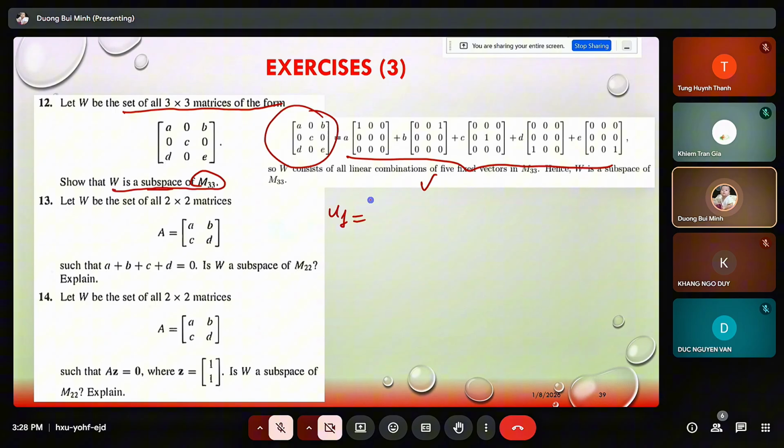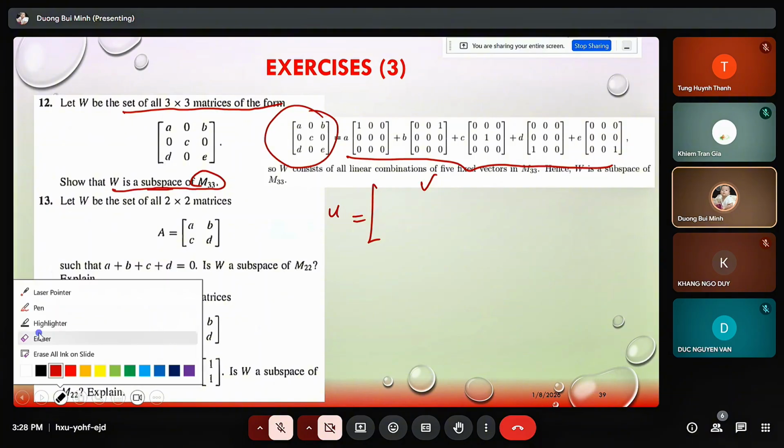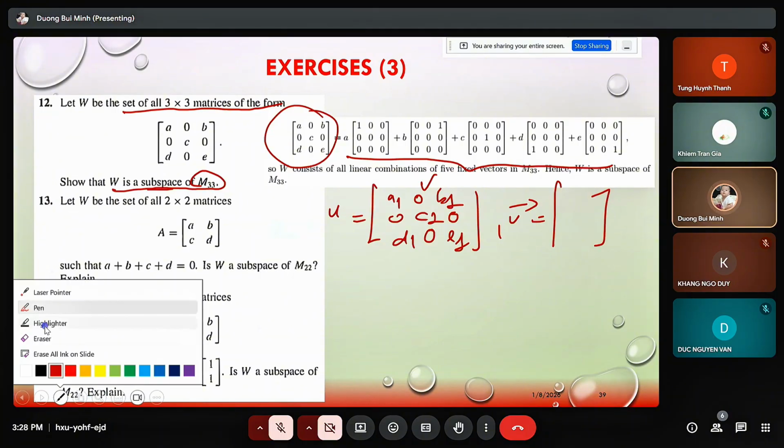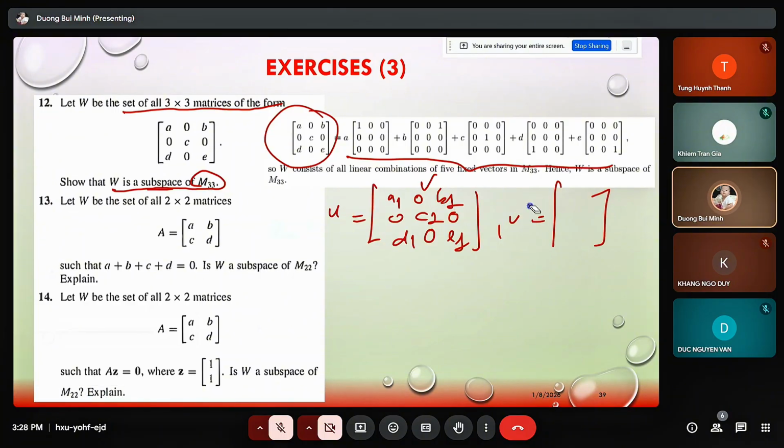Okay. Or you can demonstrate like this. We have vector u, which is a1 0 b1 0 c1 0 d1 0 e1, and we have vector v, matrix v. And then we demonstrate the closure properties.